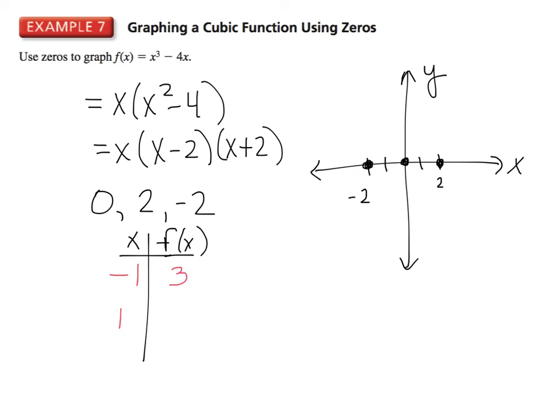If you plug in 1, you're going to get negative 3. So if I graph those, negative 1, 3, and 1, negative 3, your graph is going to look something like this. Now that's a bad example, but it looks something similar to that. It's going to cross the x-axis 3 times.